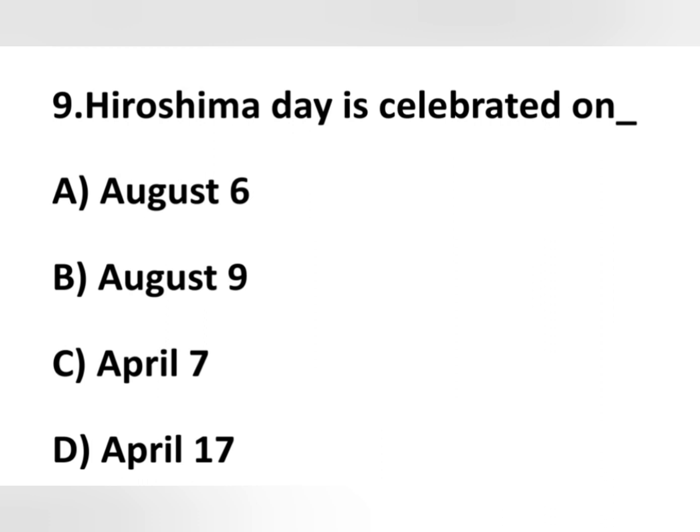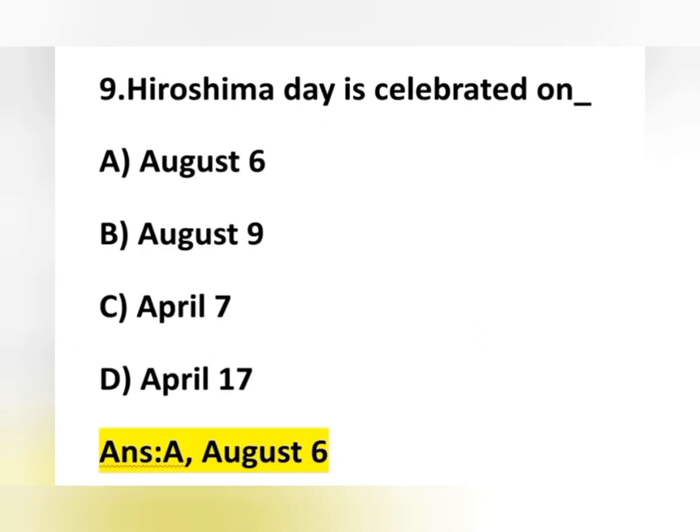Hiroshima Day is celebrated on August 6. August 9 is Nagasaki Day. April 7 is World Health Day, and April 17 is Hemophilia Day.